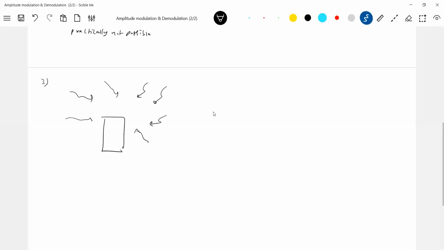There's a receiver. Let this be news, this will be a song, this will be music. From different stations, the signals are coming. This is some chit chat and this is some debate. Okay, 5 stations, and programs from all 5 stations are coming.